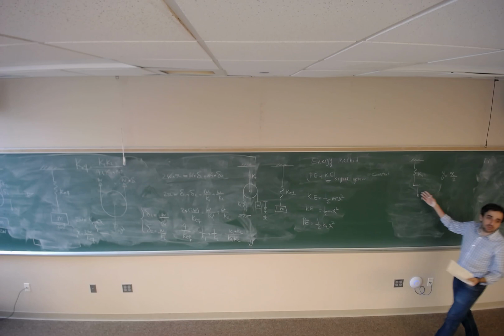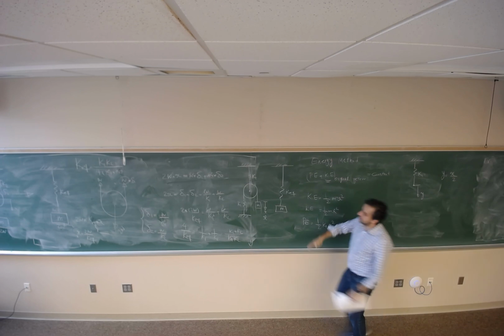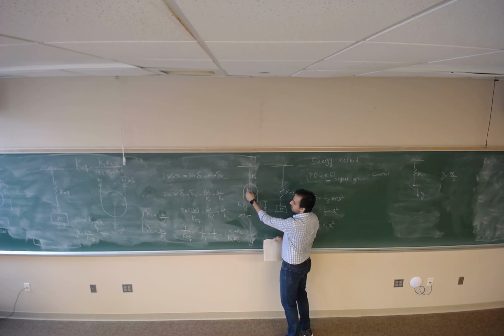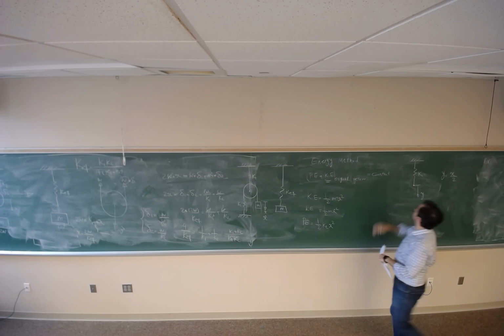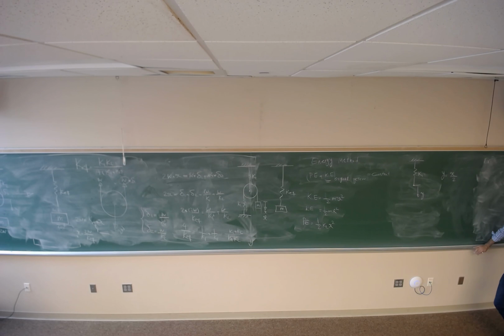You remember this for the pulleys? If you have a pulley like this, if this side of the pulley is moving by x, this point is going to move by half of the deflection on the other side.